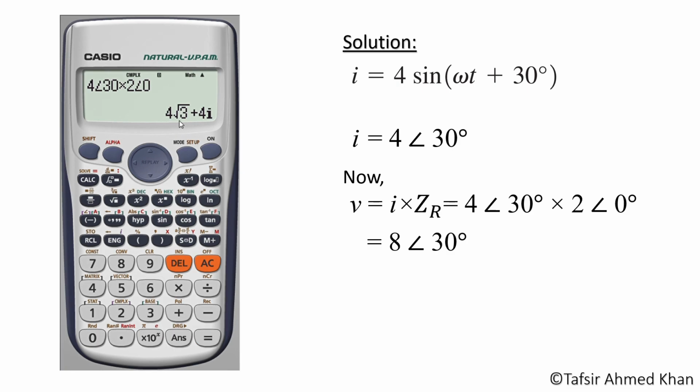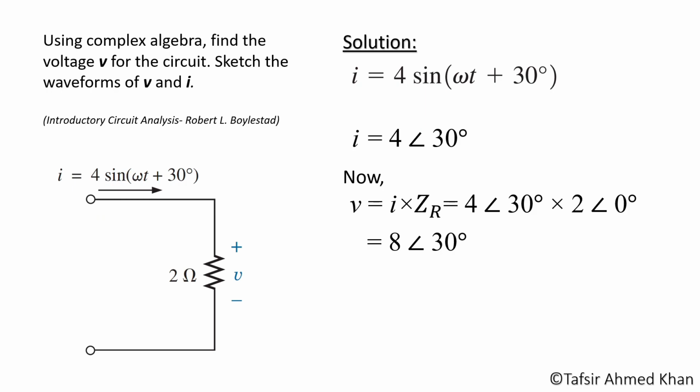That is not our answer because we want this in polar form. So we'll convert that to polar form. So 8 angle 30, that is our answer. If we convert this polar form into an instantaneous equation, our answer is 8 sine omega t plus 30.